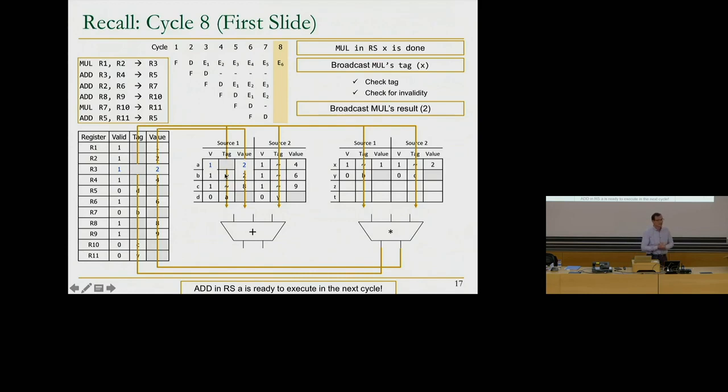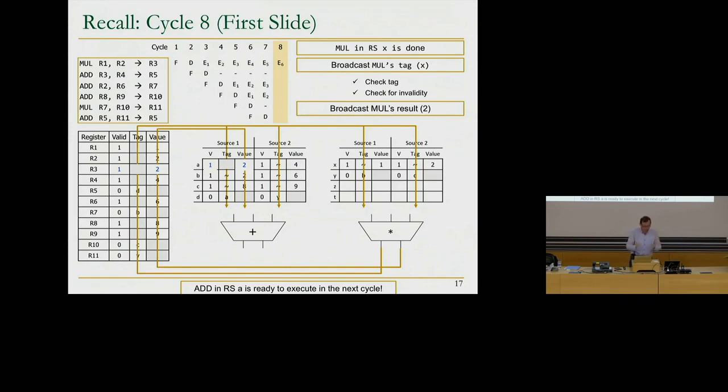Okay? So now you should ask yourself, what is required to enable this? It's actually a lot of circuitry, as you can see, right? We're storing all these tags, okay? But whenever we're doing a broadcast, we're sending the tag of the instruction that's just finished execution everywhere in the machine where you see tag. And all of those locations have comparators comparing the tag that's stored to the tag that's broadcast, and they're checking equivalence.